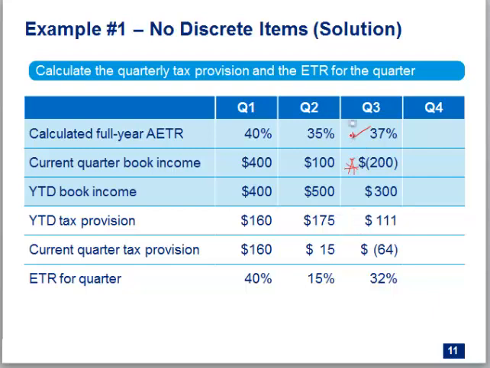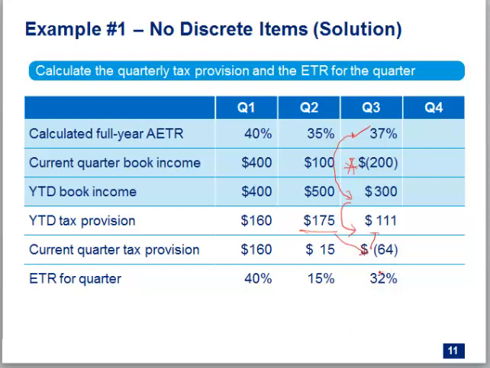This is our same year-to-date rate times year-to-date income, gets me my year-to-date provision: 111. If I want that for 9 months, I know I already booked this for 6 months. So 64 has got to be what I need to get me to 111, right? If I take this plus that, I need to get that.